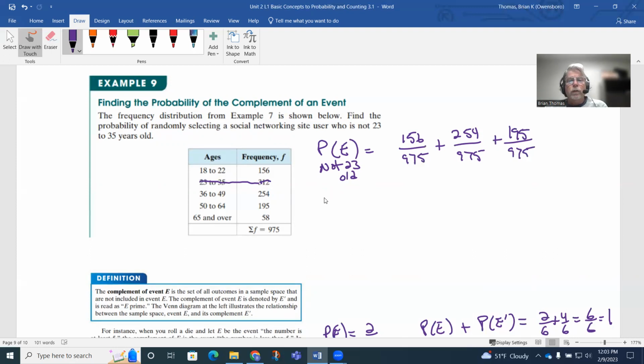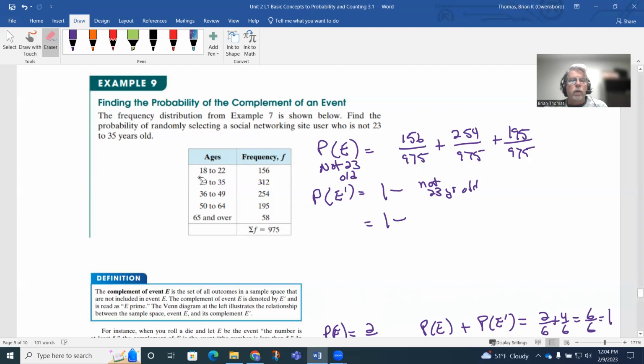What I can also do is the complement. The complement of this is going to be 1 minus not 23 years old. So another way I could do this would be 1 minus, and what I threw out I could actually put in place here.